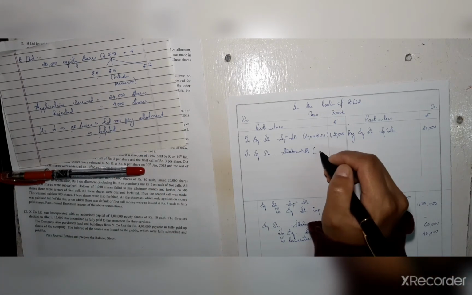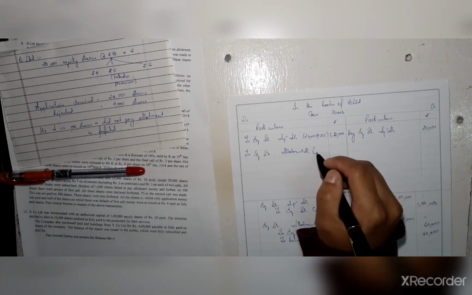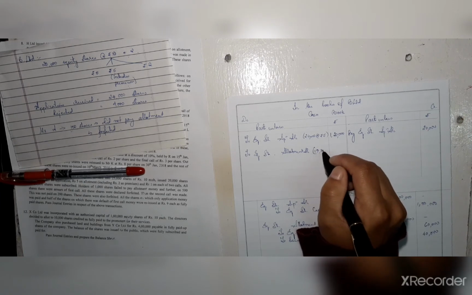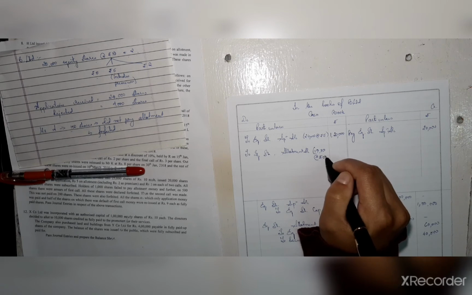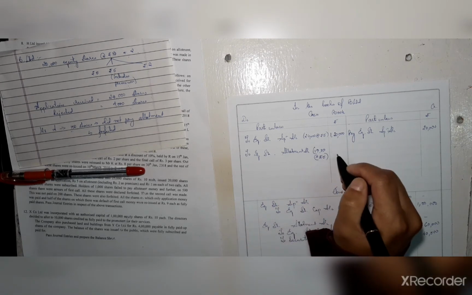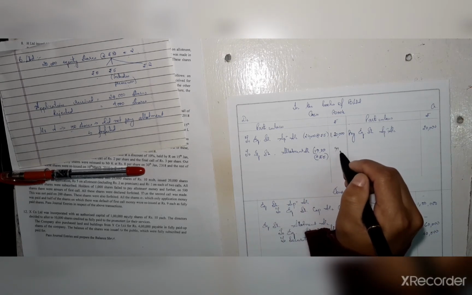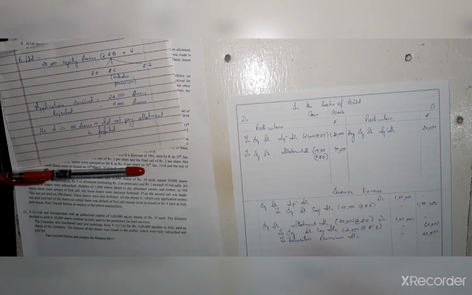So it will be 20,000 minus 150, which is 19,850 shares at the rate of rupees 5 each. Okay, so total rupees 99,250. So that is our receipt entry for share allotment.